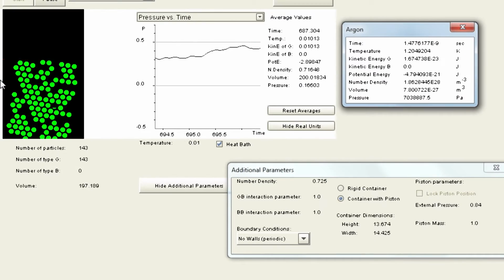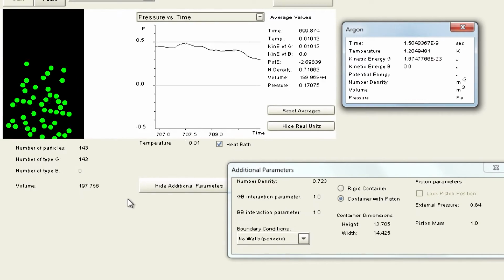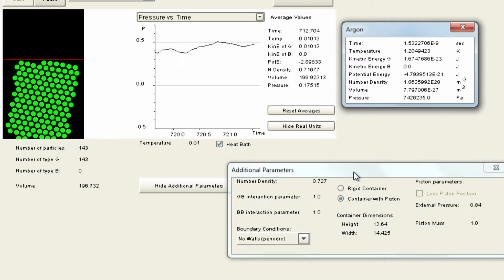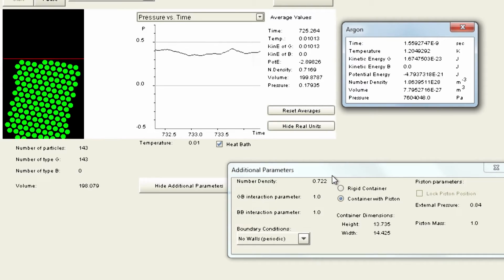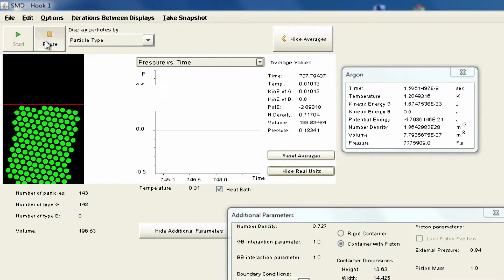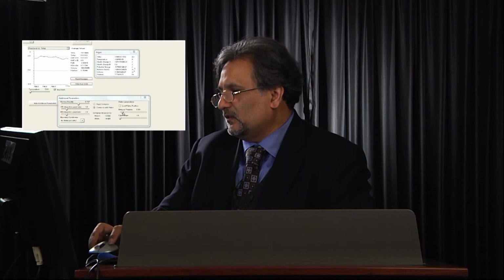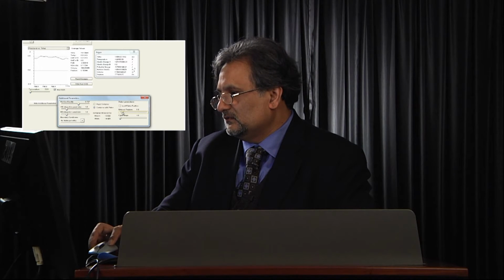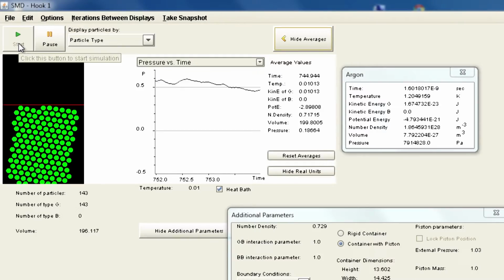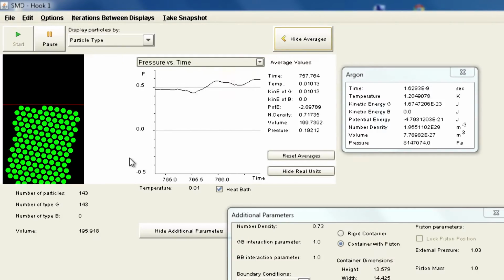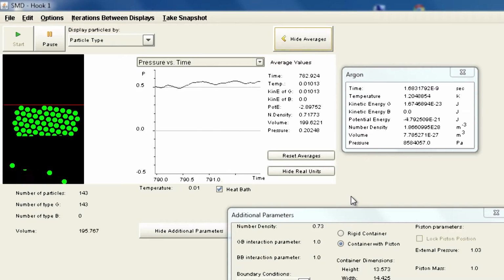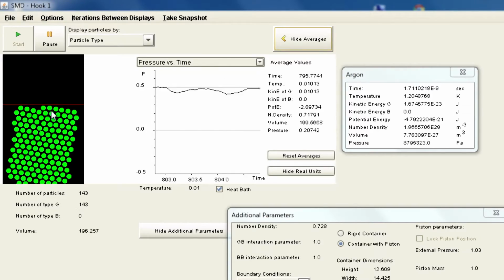Let us see if we can observe the failure of some of these springs and see if that is possible to achieve. So, we stop here, and then we go almost 10 times the initial value, 1 point something, 1.03, and start that. Now you can see that in the stress strain curve it will start becoming flat because it cannot go down any further.